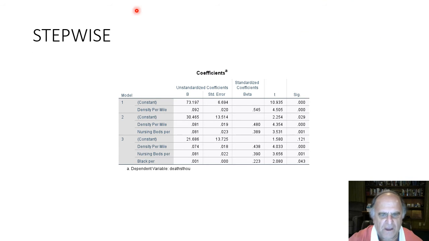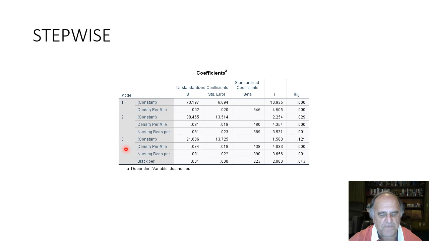And here are the coefficients from the stepwise analysis. So you can see again, step 1, we just have density per mile in the regression. And here's our B and our beta and really all the data. Step 2, SPSS brings in the nursing beds per 100,000, and there's our B and our beta.